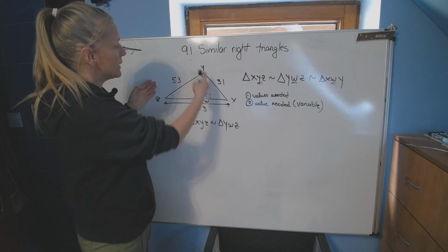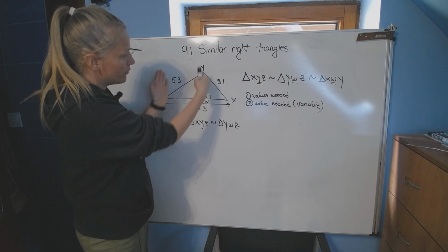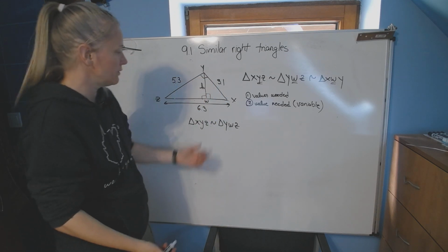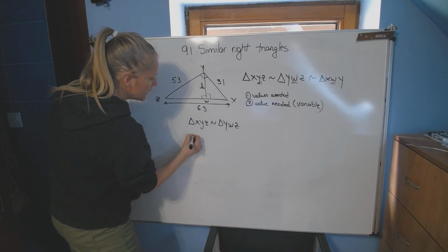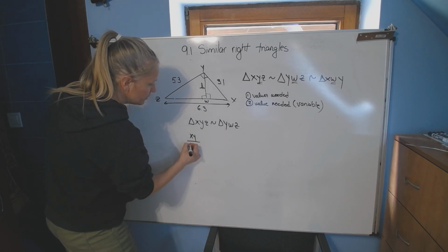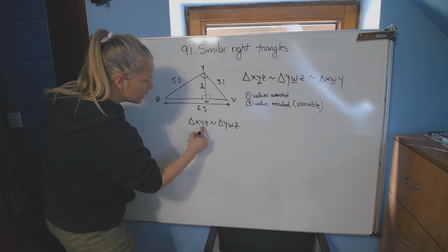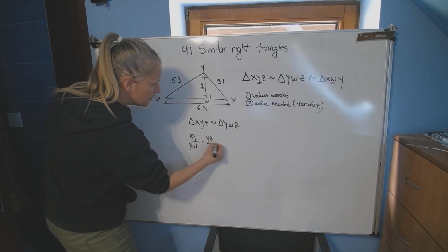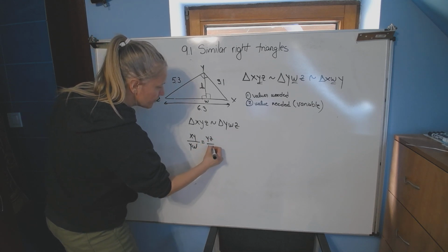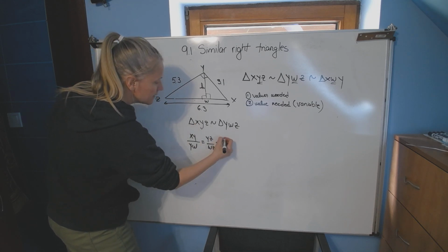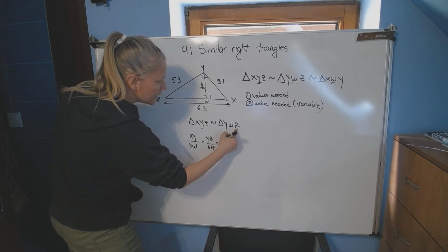In this case, it's a happy case. Both little ones that are formed have h, so I can use it with whichever I want. So that means XY over YW will equal YZ over WZ will equal XZ over YZ.